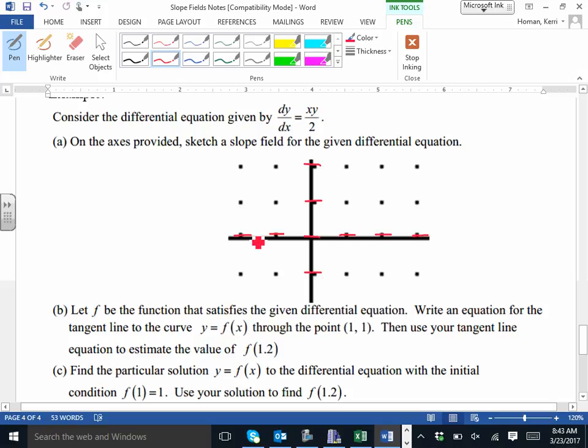Yeah, how do you draw 1/2 on this one? Well, just think of 1/2 as up 1 over 2. So think of it like that.